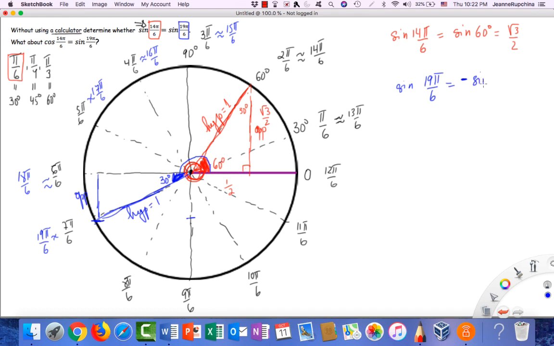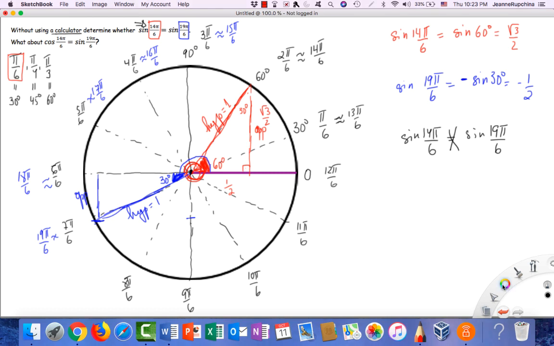So this will be equal to negative sine 30. Well, we know sine of 30 is 1/2, so this will be negative 1/2. So is sine of 14 pi over 6 equal to sine of 19 pi over 6? No, it's not equal.